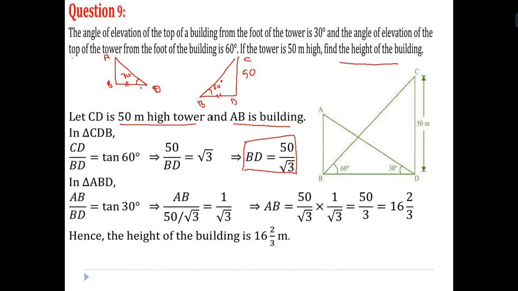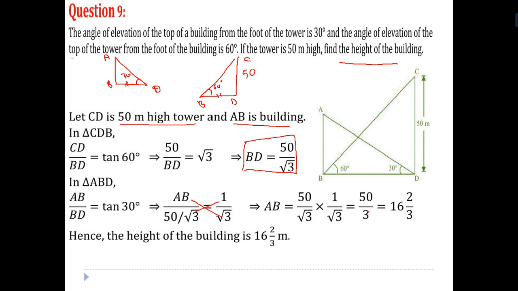Now here triangle ABD, AB upon BD is equal to tan 30. So AB upon 50 upon root 3 is equal to value of tan 30, that is 1 upon root 3. So now cross multiplication if we do, then AB is equal to 50 upon root 3 multiplied by 1 upon root 3.